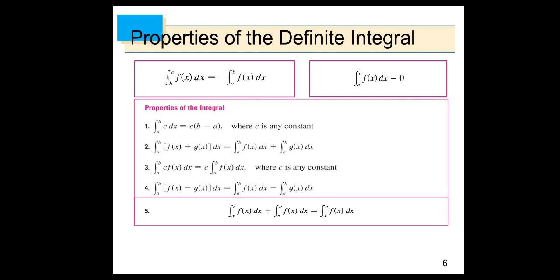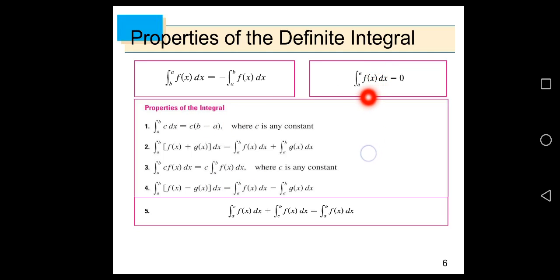So what happens here, you can see that when we interchange the limits, when we interchange the upper limit with the lower limit, we get this negative sign. So we will multiply the function by this negative sign, since we interchanged our upper limit with our lower limit, right? We brought this b up and a down over here. So now we have this negative sign. So that's one property, understand?